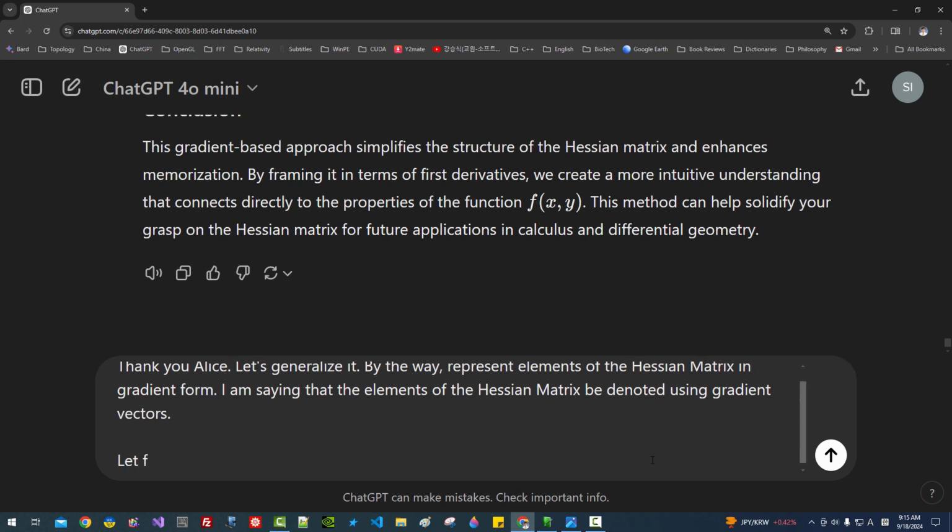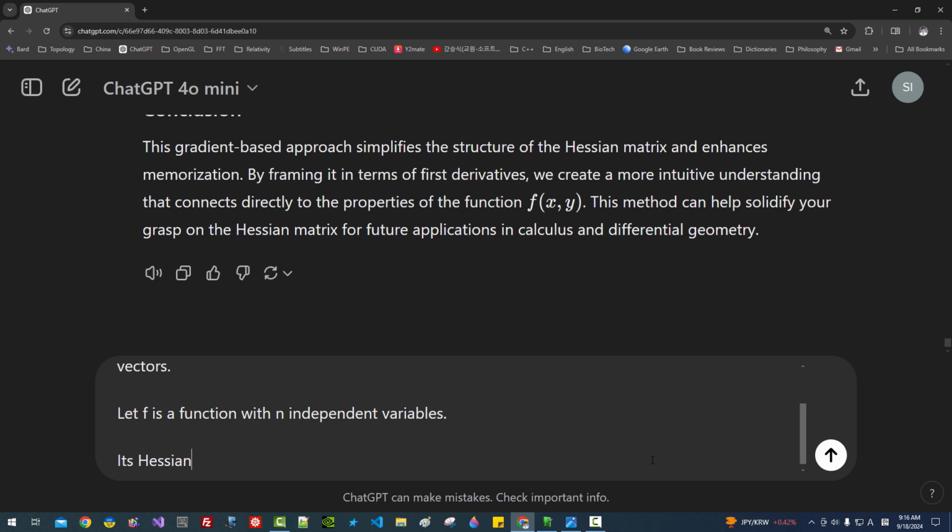Let f be a function with n independent variables. Its Hessian matrix is a column matrix: gradient of df over dx1, dx2, dxn.